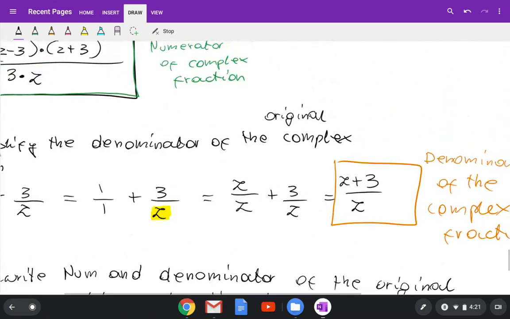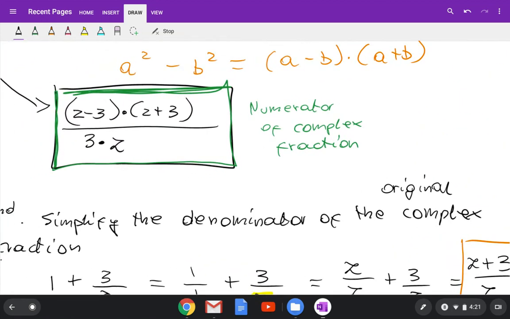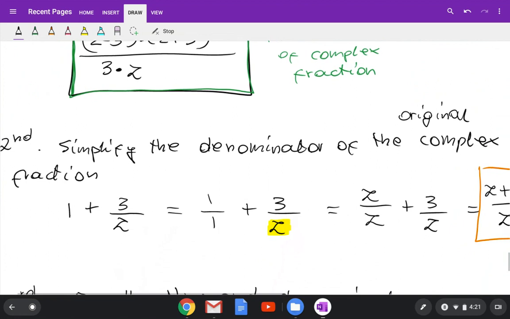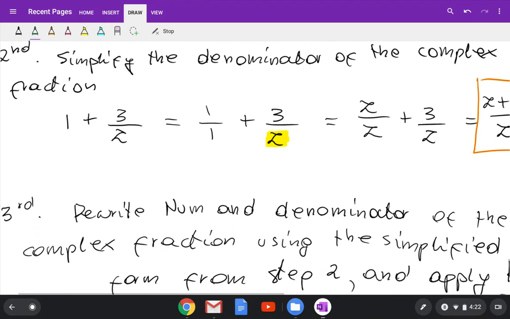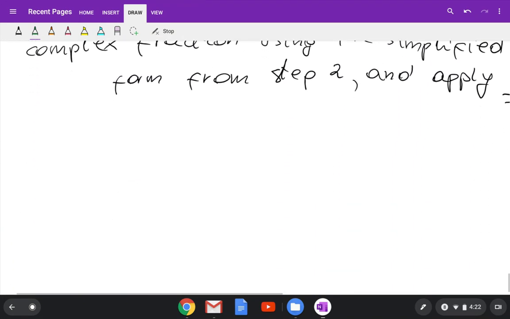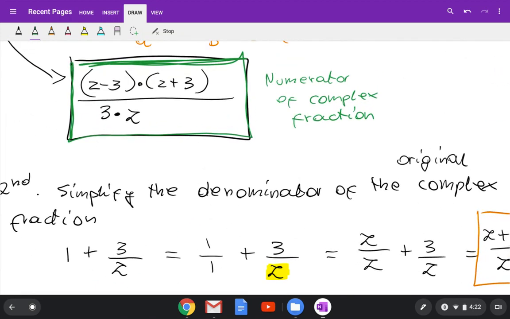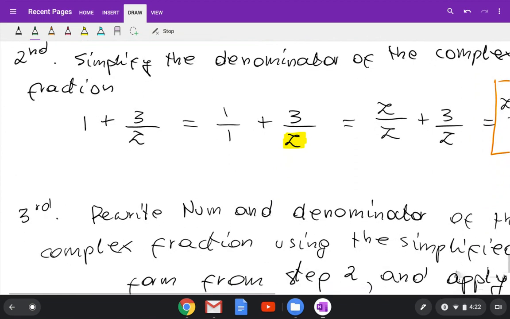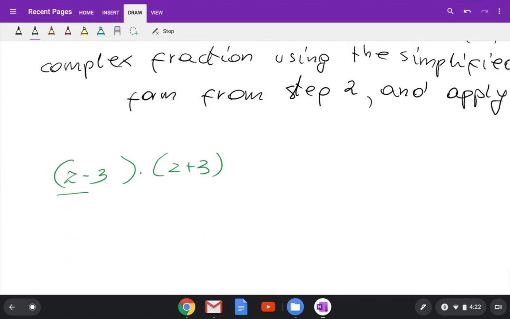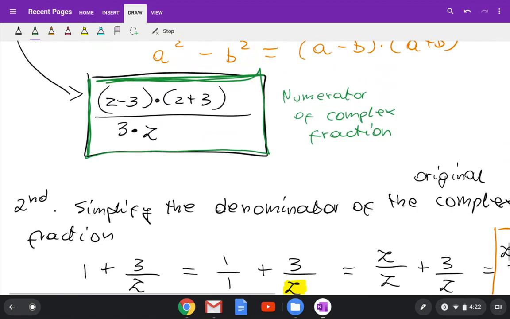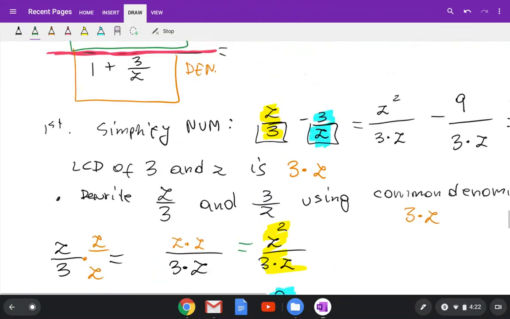Okay, so we're going back. Numerator, it's z minus 3 times z plus 3, right here. Z minus 3 times z plus 3 over 3 times z. Okay, let's go back to our complex fraction.